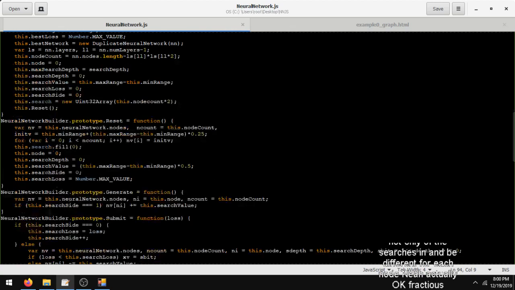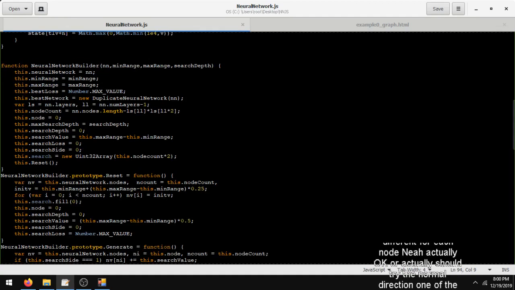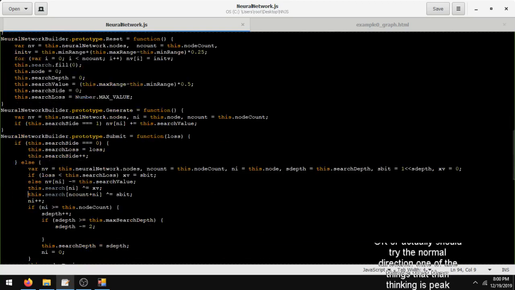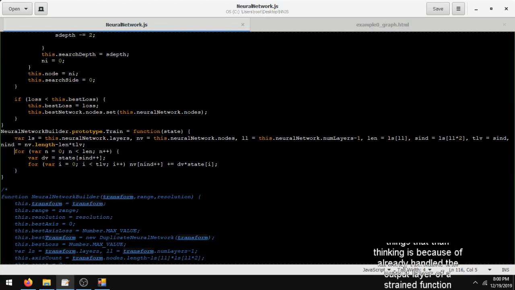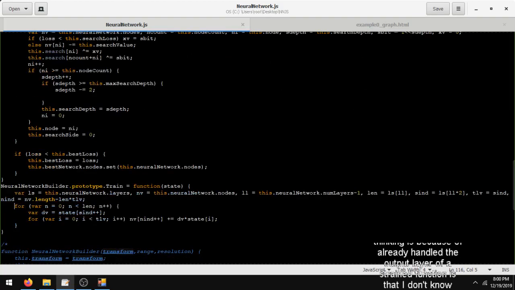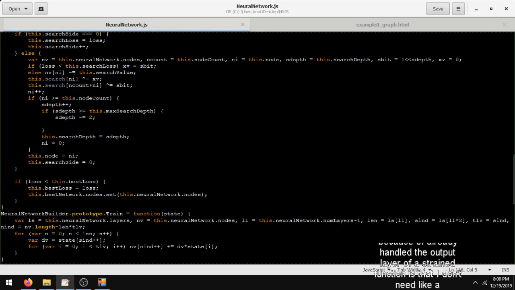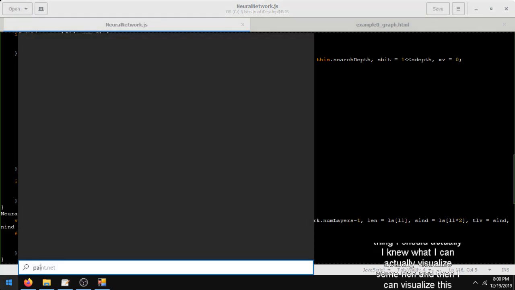I actually should try the normal direction. One of the things that I've been thinking is because I've already handled the output layer with this training function, is that I don't need, like, okay, so the thing, I should actually, you know what, I can actually visualize this false minimum.